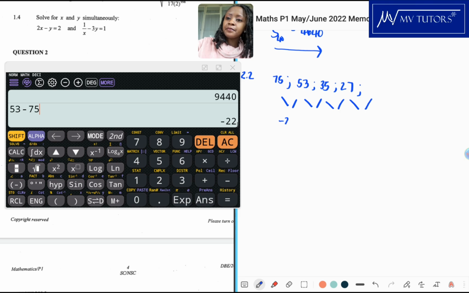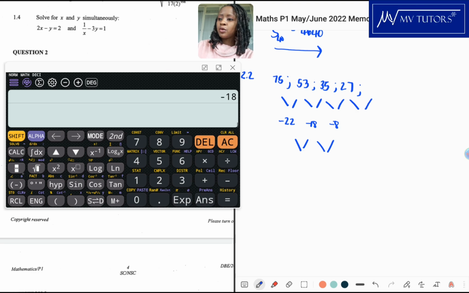Okay, and then what is 35 minus 53? It is negative 18. And then what is 27 minus 35? It is negative 8. Okay, so now if I go from negative 22 to negative 18, I would have to add 4.